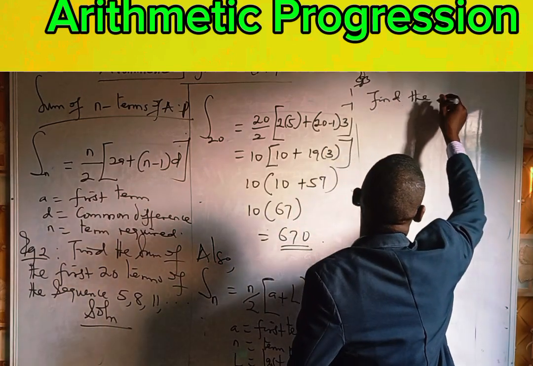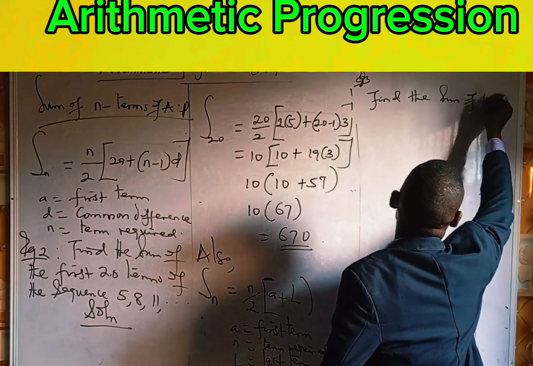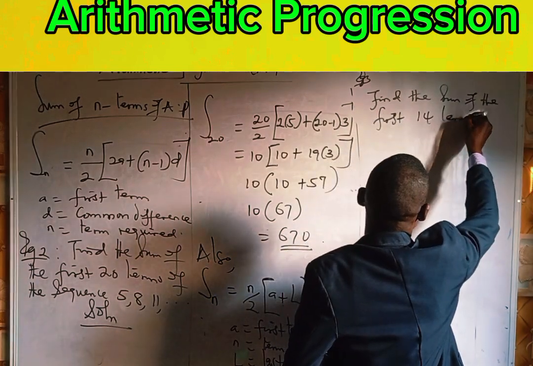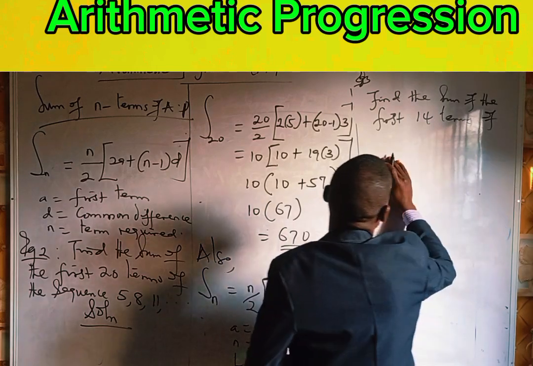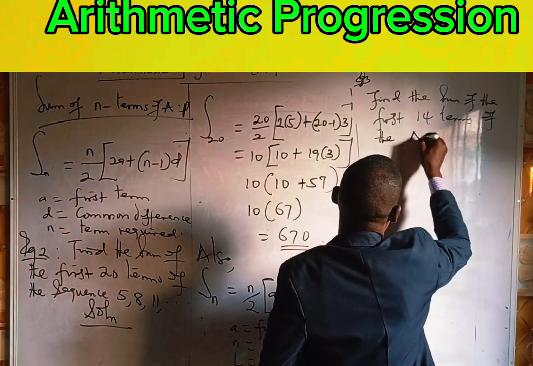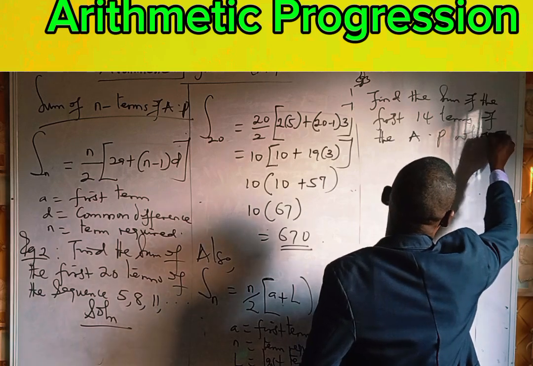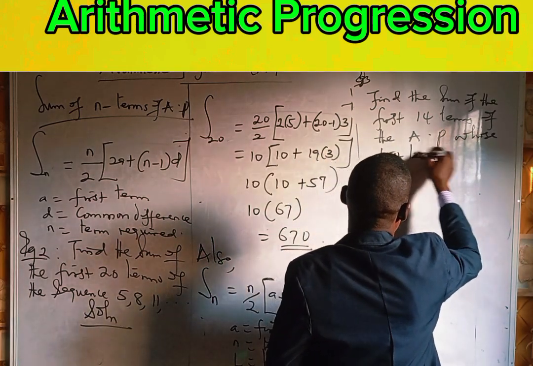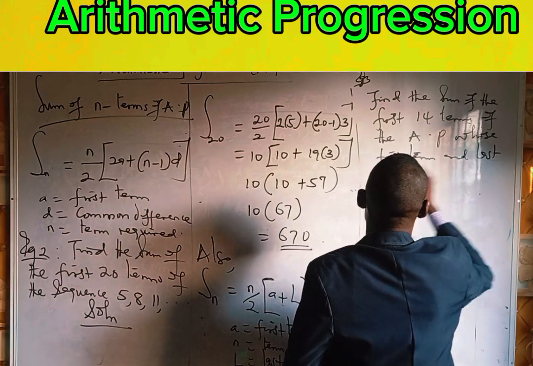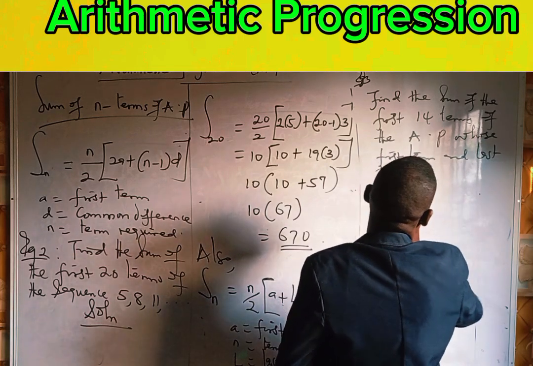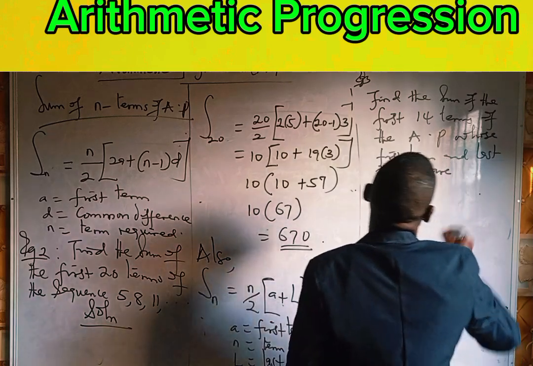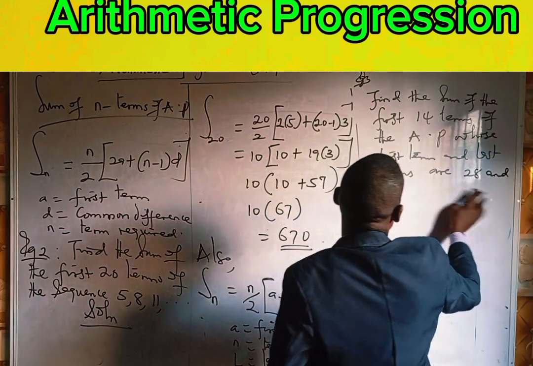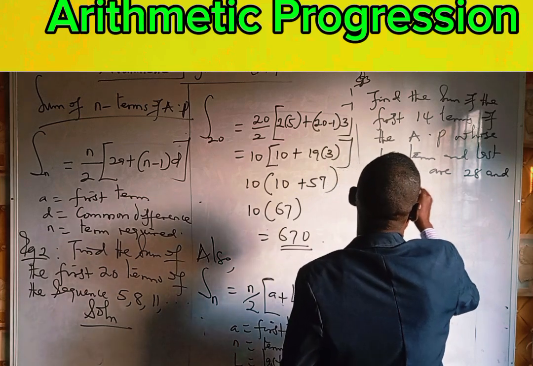Find the sum of the first 14 terms of the AP whose first and last terms are 28 and 42 respectively.